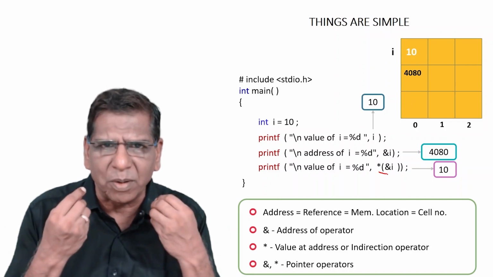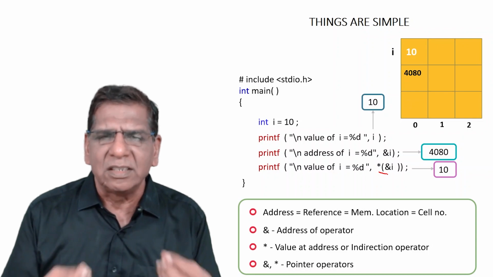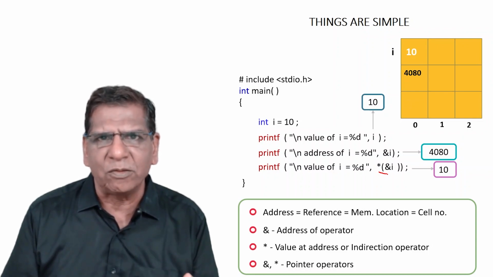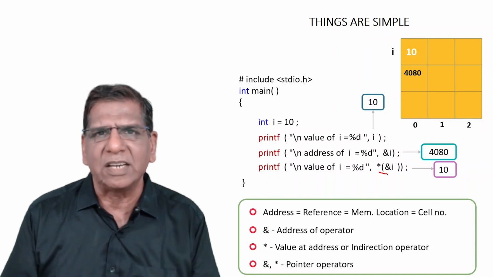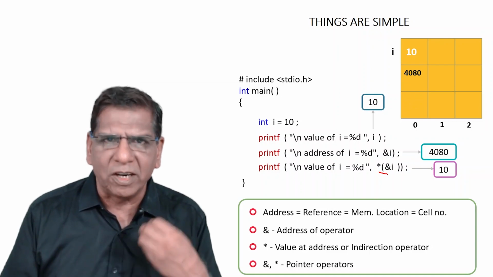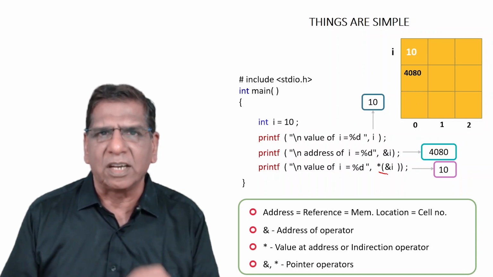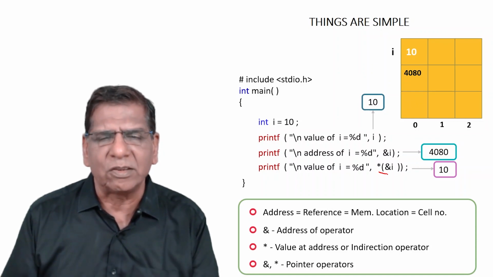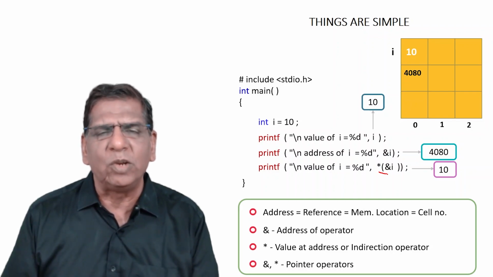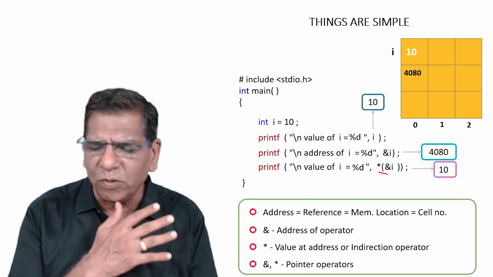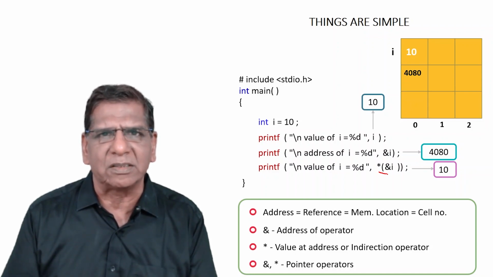Anytime you have any problem in future about pointers, just ask yourselves two questions. First should be, what does & stand for? And second should be, what does star stand for? And whenever you ask these questions, always answer yourself very convincingly that & is address of operator and star is value at address operator. If you do that, believe me, you will not face any problem with pointers.